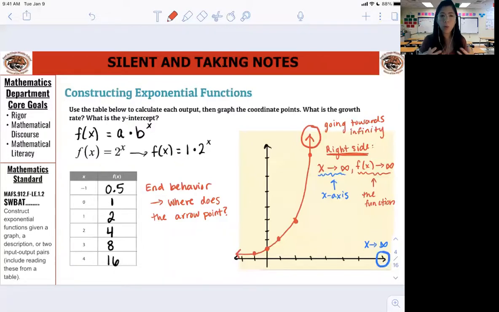The way that I wrote this is just, you know how in algebra, we like to write things using letters and numbers rather than words. So this is a way of algebraically writing what we just determined, that on the right side of the graph, the function is going up towards infinity.